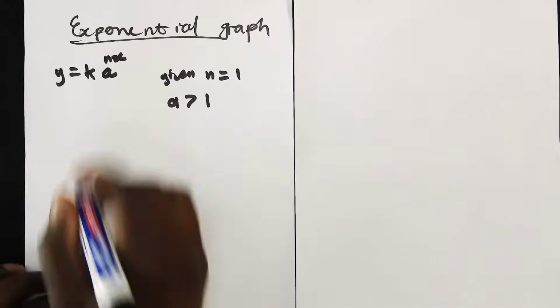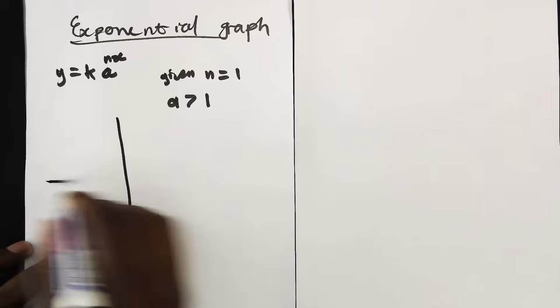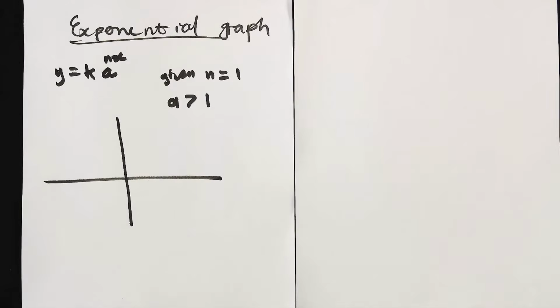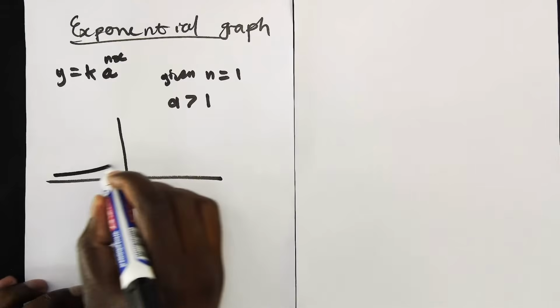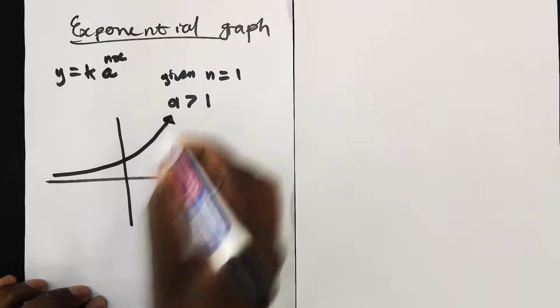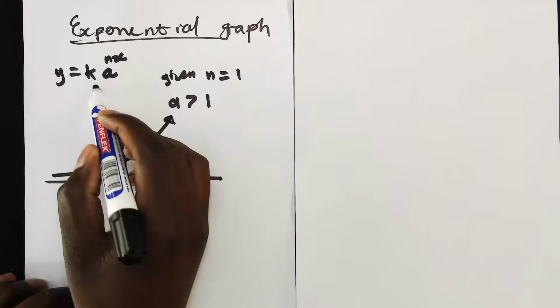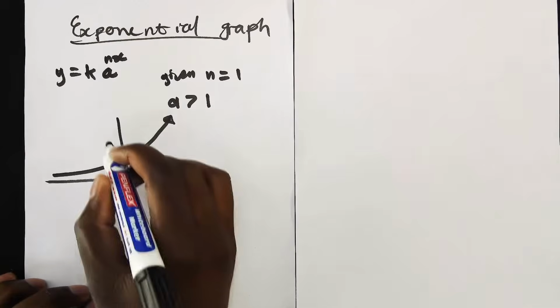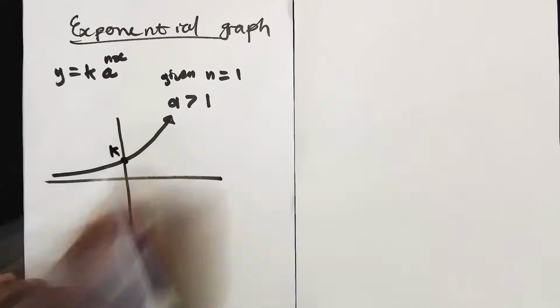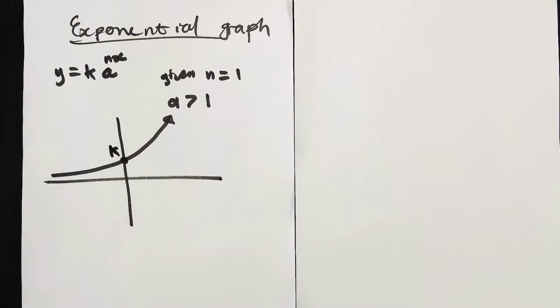So what happens is that the function you're going to have goes from decreasing to increasing. So it will be plotted in this way. The coefficient of the exponential function will be our intercept there. Let's say k. If it was 1, it will pass through 1. So that is an exponential function.